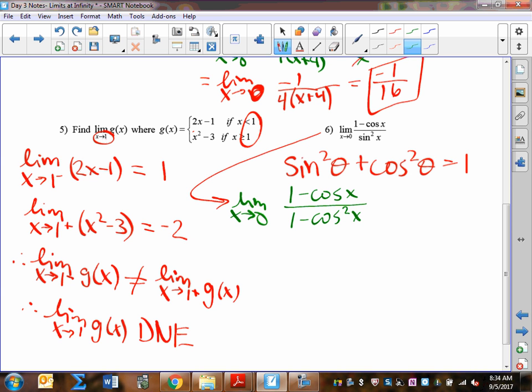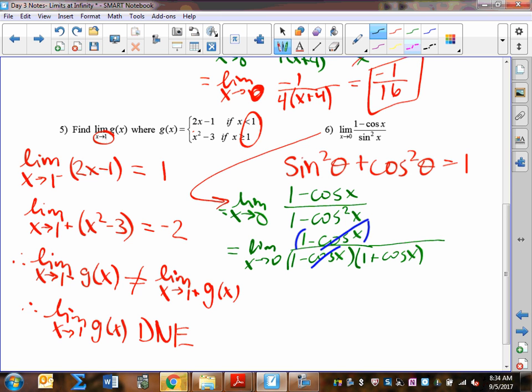That's a huge algebra issue there in multiple ways. But we can factor our denominator. So this would then be the limit as x approaches 0 of 1 minus cosine x over 1 minus cosine x, 1 plus cosine x. Then we've got our factors here.